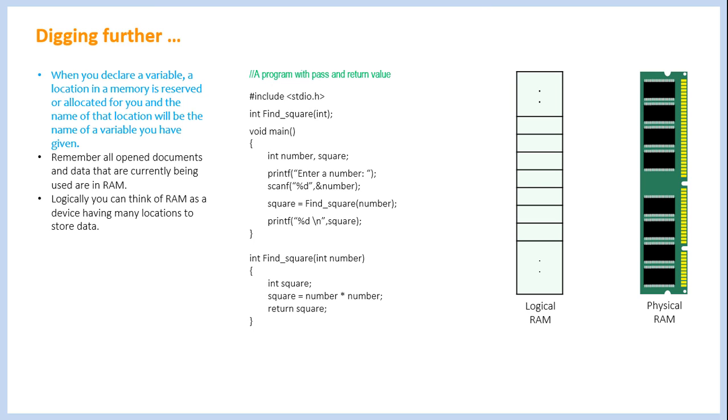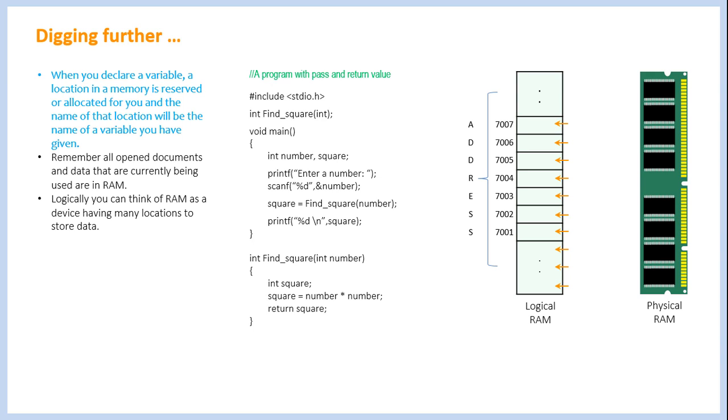Logically, you can think of RAM as a device having many locations to store data, like this. Each location has a location number, just like rooms in a hotel can have a room number. This location number is called address.